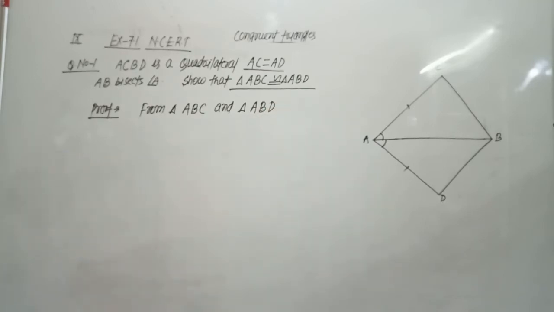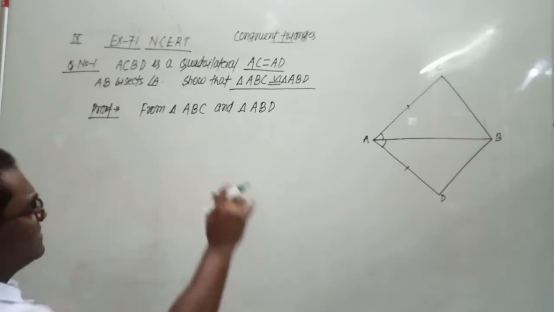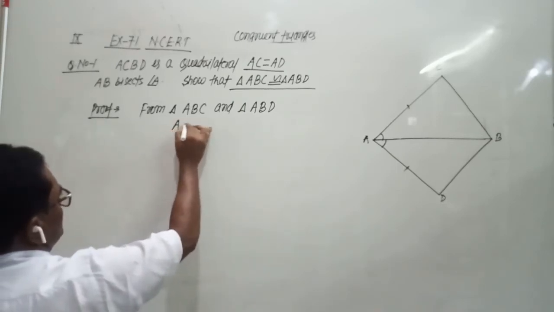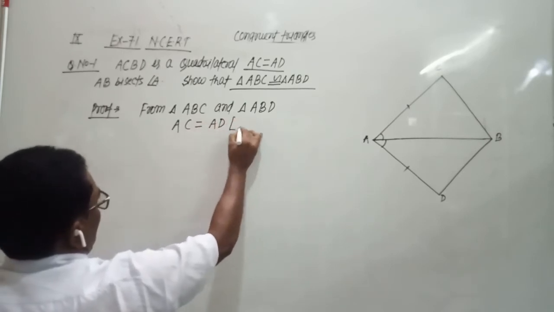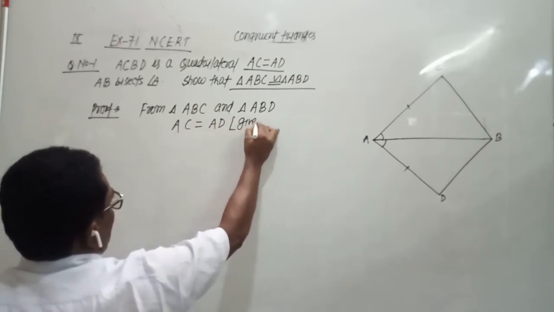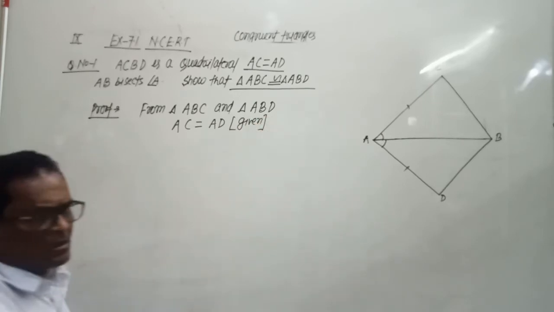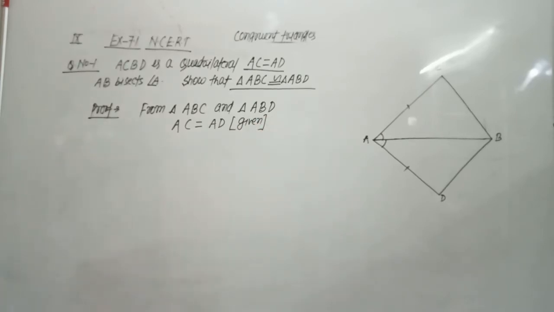From triangles ABC and ABD, we are given AC equals AD, and we write the given condition in brackets.